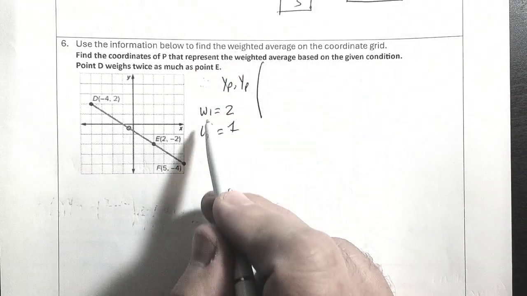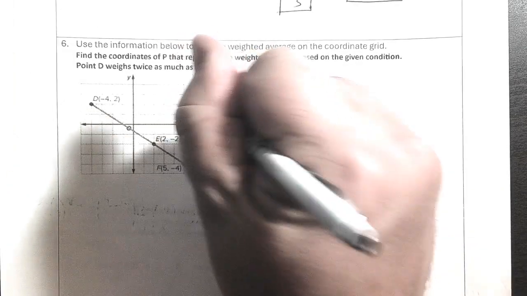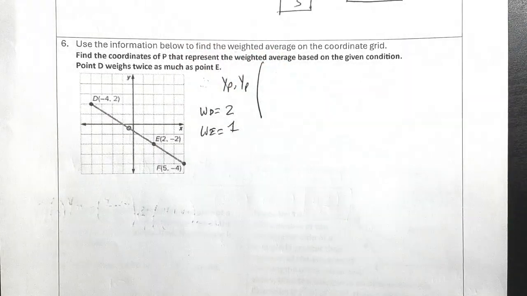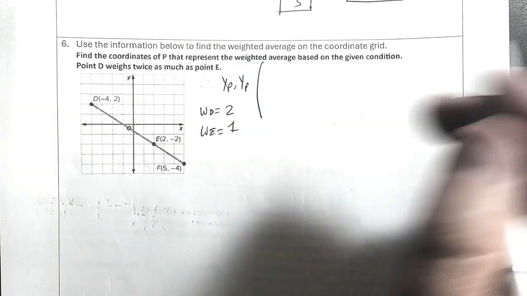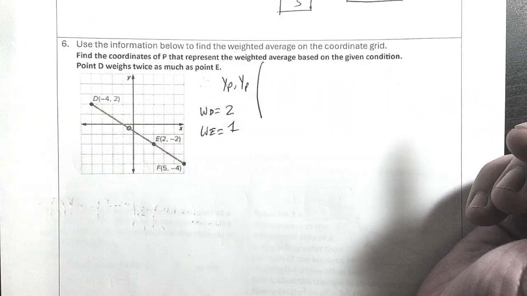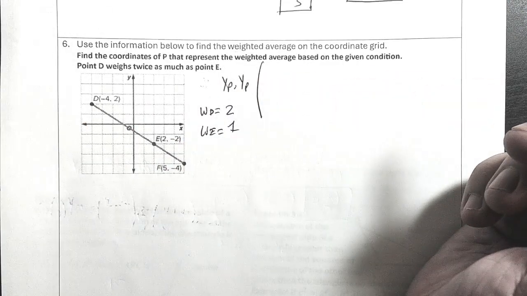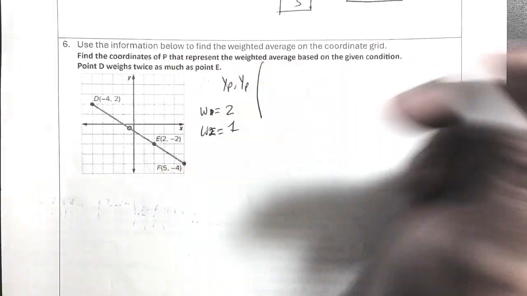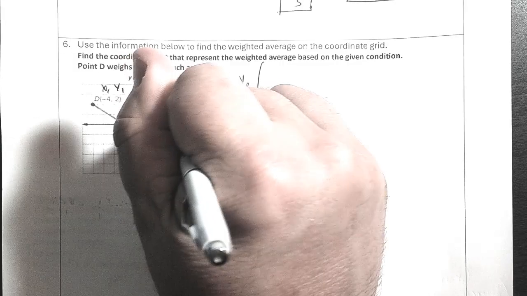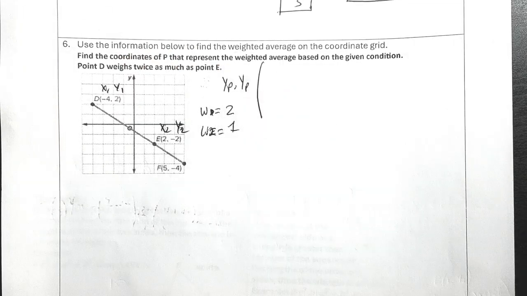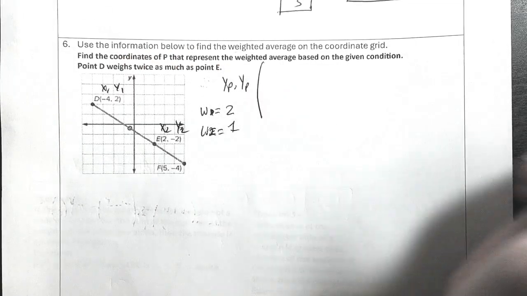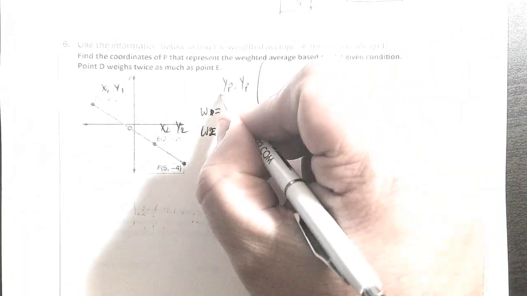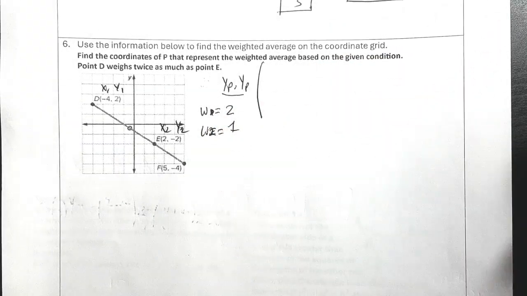You could also do this, weight D and weight E. And then you have x sub D, y sub D, or x sub 1, y sub 1, x sub 2, y sub 2. So just don't let me confuse you. Just leave it like it was: x1, y1, x2, y2. But you could just know you could do it that way. But I put P here because it's going to be point P, wherever it lies.